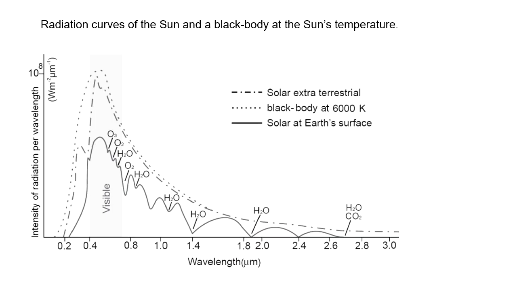This image shows the radiation curves of the sun and a black body at the sun's temperature. It will help you understand that at the top of the atmosphere, the black body at 6000 Kelvin curve and the solar extraterrestrial curve almost match.